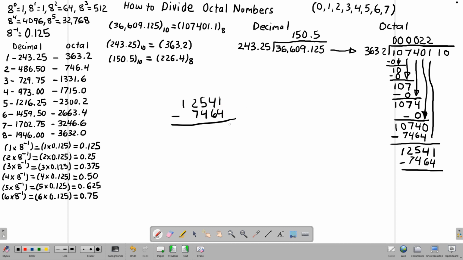All right, so when we subtract 4 from 1, we're going to produce a negative number, so we need to borrow. So we'll get the 3 here. So that leaves an 8 right there. And when you add 8 and the 1, you have a 9. And when you subtract 4 from 9, you get 5.